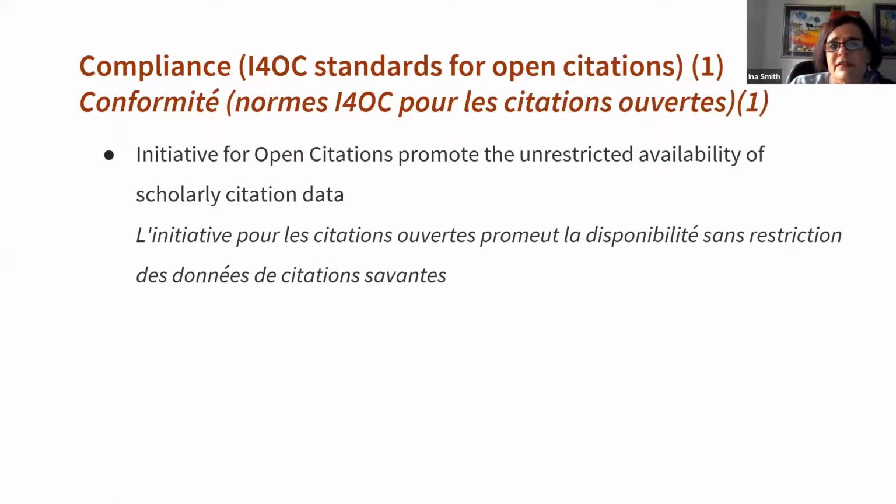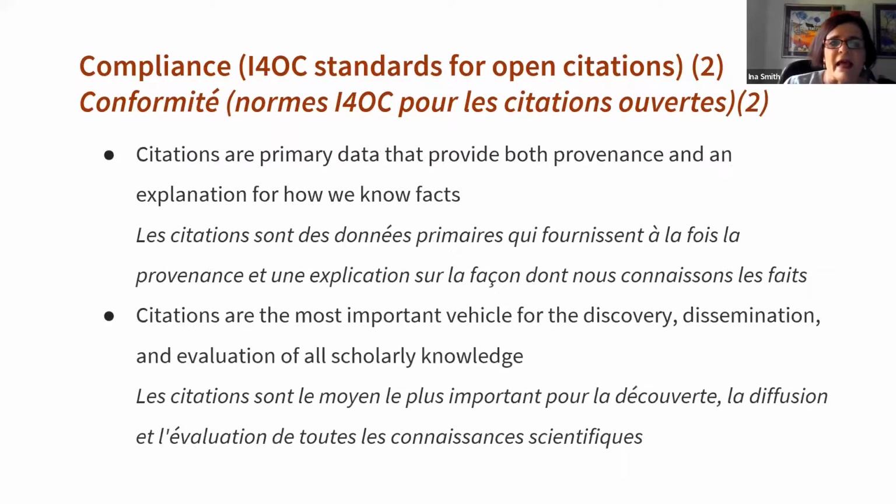The Initiative for Open Citations, or I4OC, promotes the unrestricted availability of scholarly citation data. And why do they do this? Because citations are primary data that provide both provenance and an explanation for how we know facts. Citations used for articles are the most important vehicle for the discovery, dissemination, and evaluation of all scholarly knowledge.